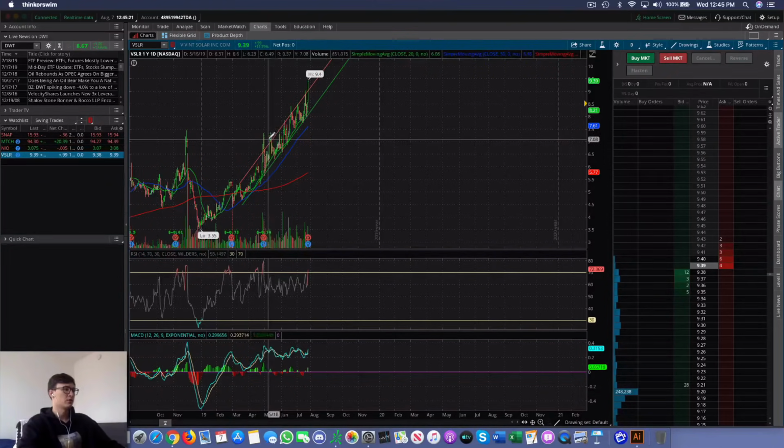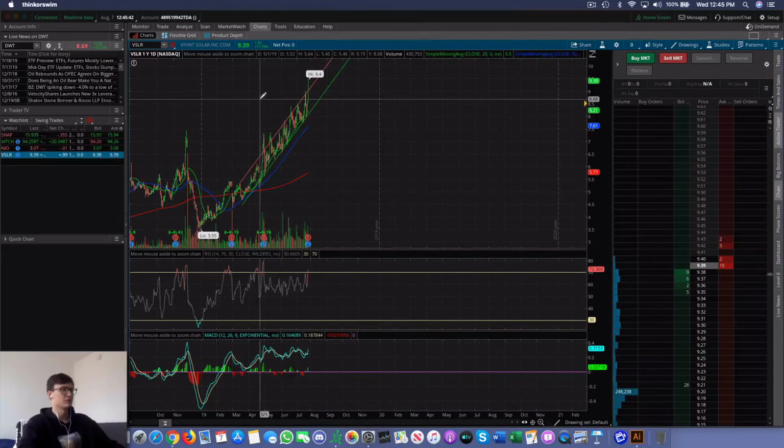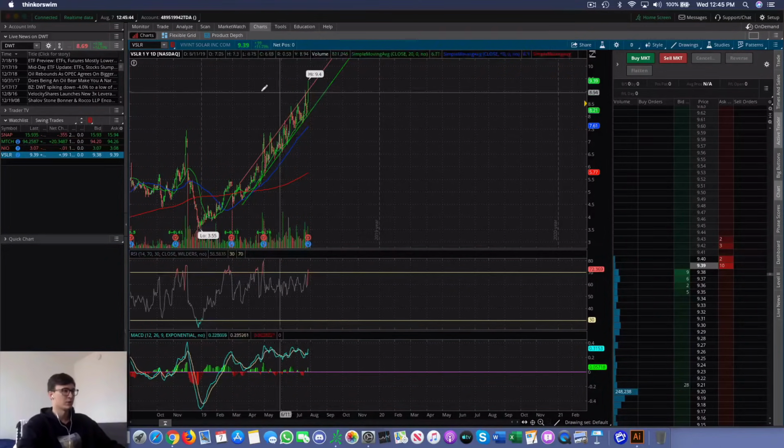Over here, it went up to the resistance, again went back down. Up here, resistance, went back down. You can identify where most of these highs are hitting and where they are turning, where they are pulling back. That's how you identify resistance, and it's the same thing with support.